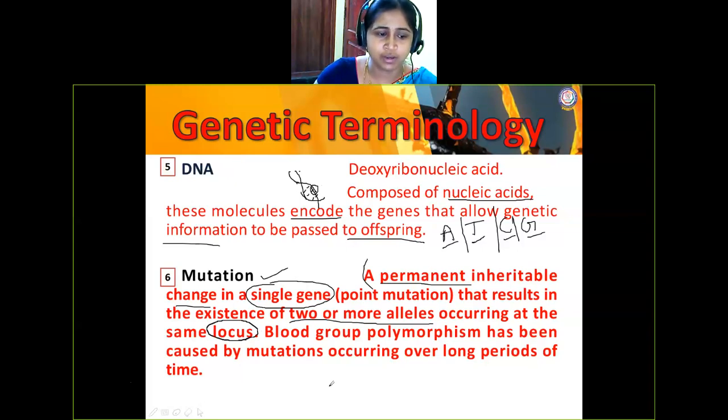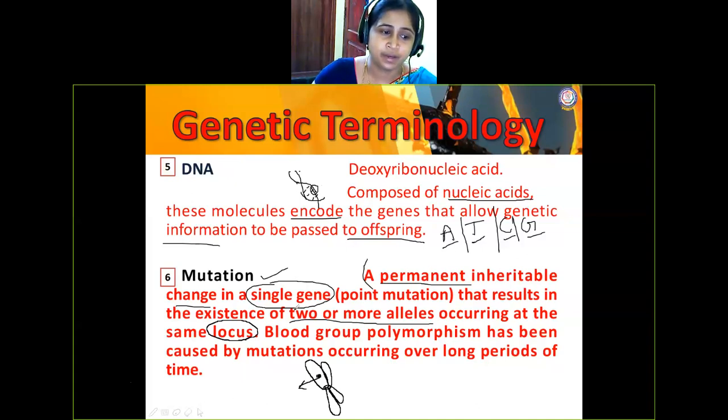I'm drawing here a chromosome, in pair. A particular point, where the point mutation takes place. Here there is a gene, and that you call locus. Locus is a place where the gene is placed.